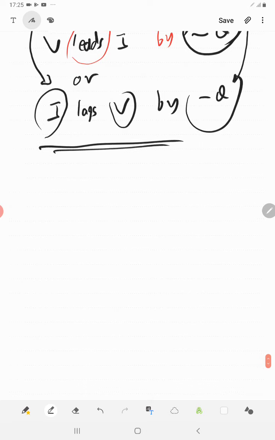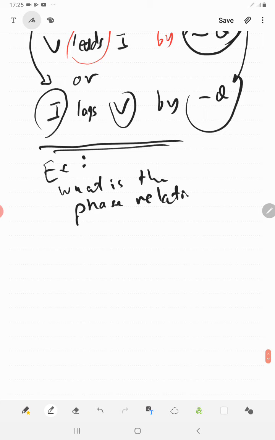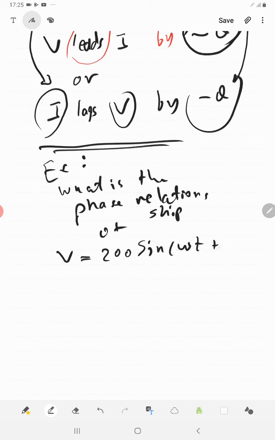Now, another example. What is the phase relationship of V equal, say, 200 sine omega t plus 20 degrees, while I is equal 100 cosine omega t minus, let's say, 10 degrees, okay?